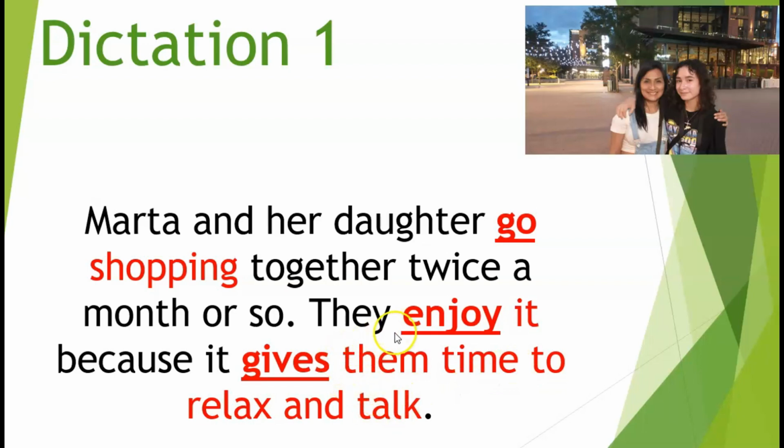So what we're really looking at here, these are the verbs, go, enjoy, and gives, and then some words that often go with these verbs. Okay, what about the time expression? There is one time expression, and that time expression is right here: twice a month or so.